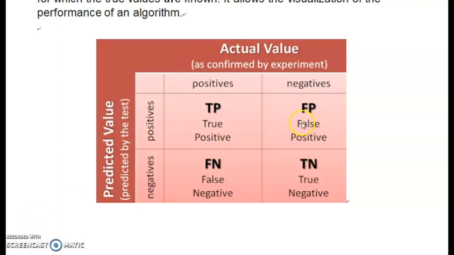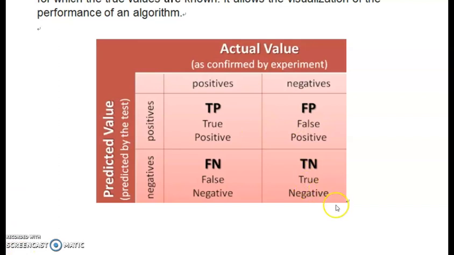But what does false positive mean? False positive means you predict the value as true, but the actual outcome is false. For example, you predicted that the candidate will get a job or be employed by his new boss, but in fact he is not. Then this is called false positive.